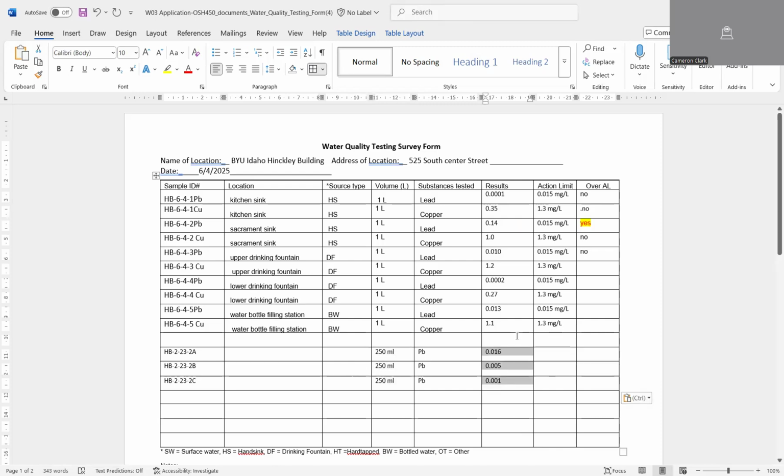And of course, you can take all of your lead action limit and put that there. And then you can confirm if any of these are over the action limit. And you can see this one is, because 0.16 is higher than 0.15. So I would just say yes. The 0.005 is not over 0.015, so I would just say no. And again, that one's no as well.